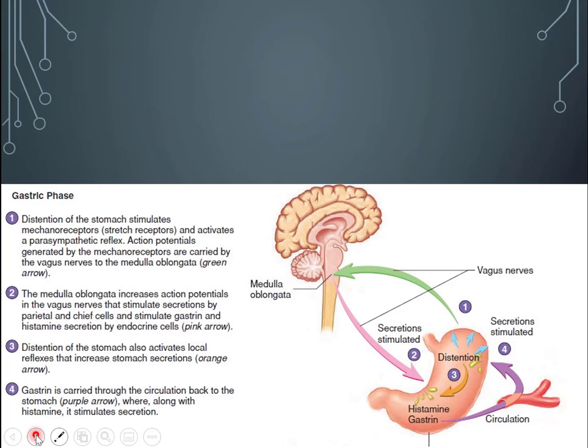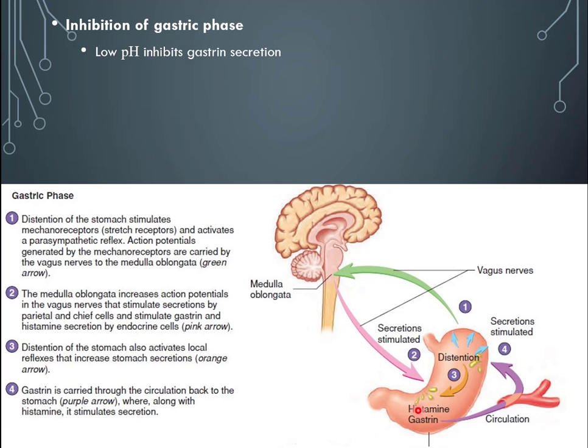So the gastric phase fills our stomach up to a point, in this section right here, where the pyloric sphincter will open. When the pyloric sphincter opens, it will slowly empty a little bit of chyme into the duodenum.